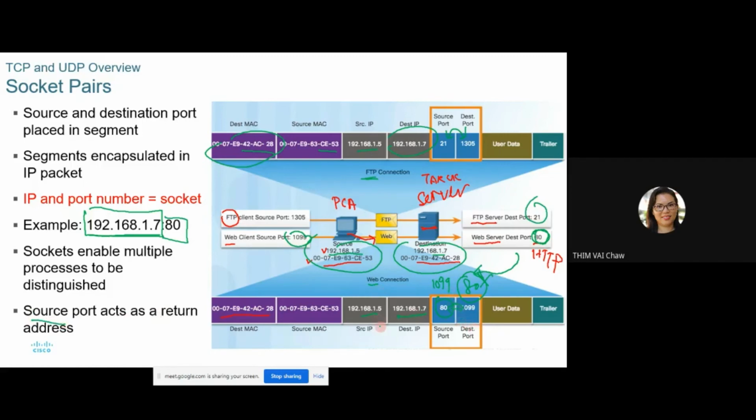And the source IP address will be reversed. Your destination IP address will become the source IP address. When it returns the data, the data is being sent in the other direction already, so all the port numbers will be reversed. Source port number will become the destination port number, and destination IP address will become the source IP address already.